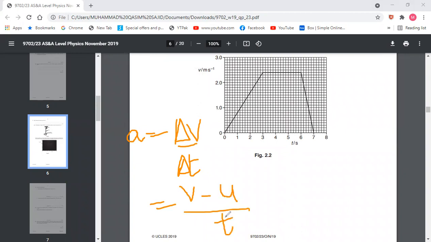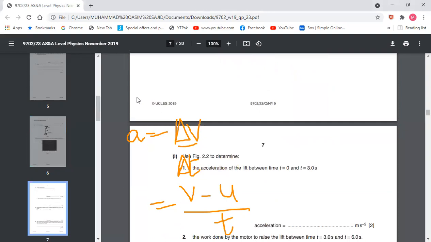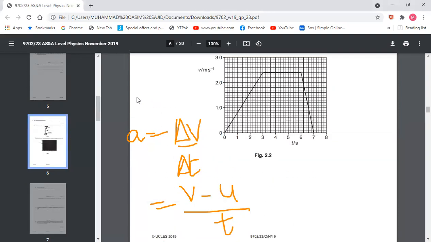The limit is t equals 0 to t equals 3. So where is t equals 3 and t equals 0? Yes, so it must be 1, 2.